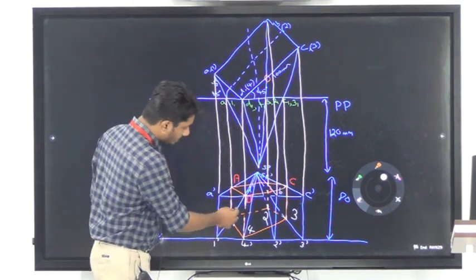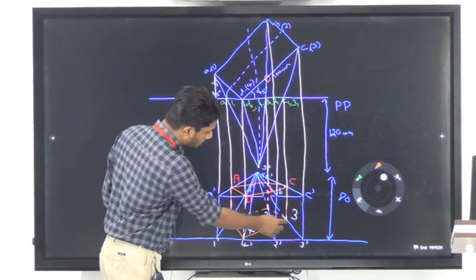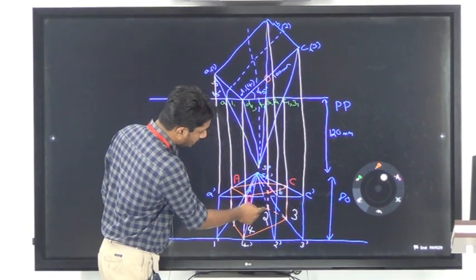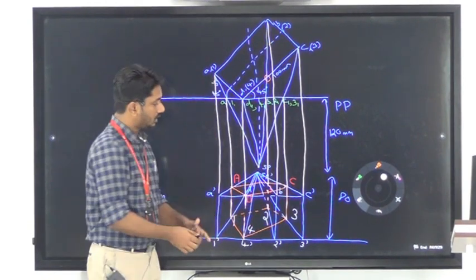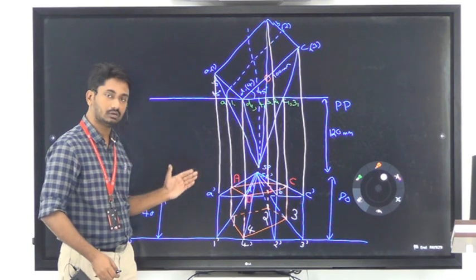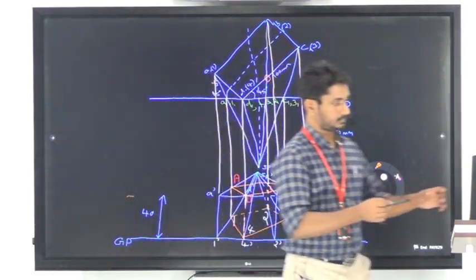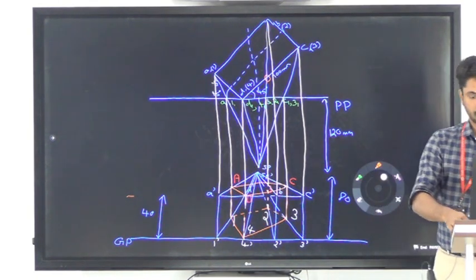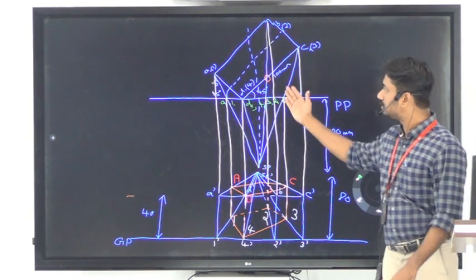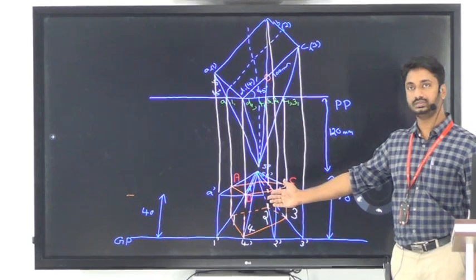So the lines 1, 2, 2, 3 and 2B will be invisible lines and all other lines will be visible. So this is the final perspective view of the object.